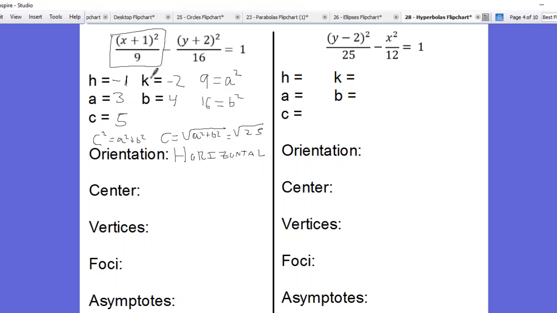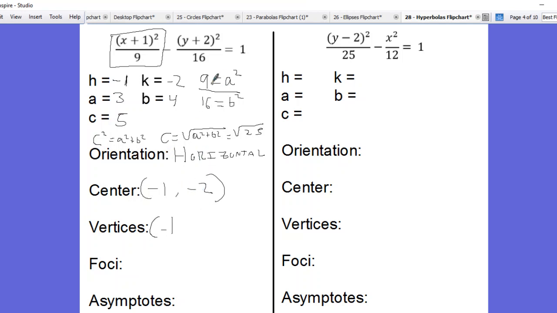Our center is h, k, so that's -1, switch the sign, -2, switch the sign, -1, -2. Our vertices, now that we know that a is 9 and that we are horizontal, it's going to be our center coordinates, -1, because we are horizontal. The vertices lie on the horizontal transverse axis.